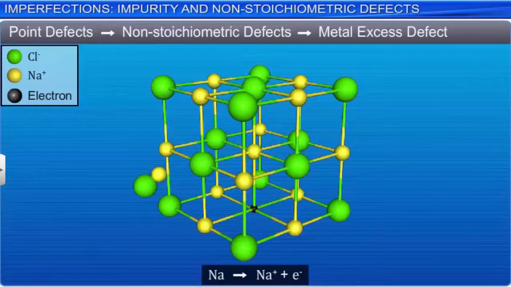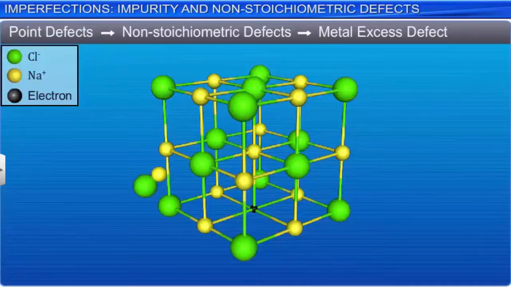The electrons so released diffuse into the crystal and occupy the anionic sites created by the diffusion of the chloride ions. As a result, the crystal now has an excess of sodium ions.